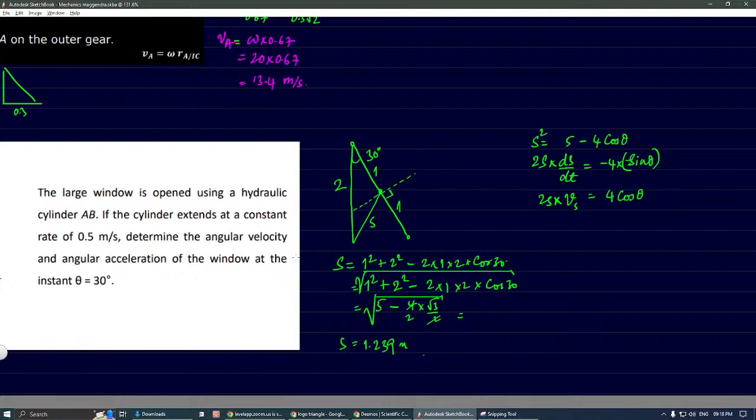That velocity is given in the question. This velocity is given as 0.5. And this 2 times s. What is s? s is the length, 1.239, equals 4 sin theta.